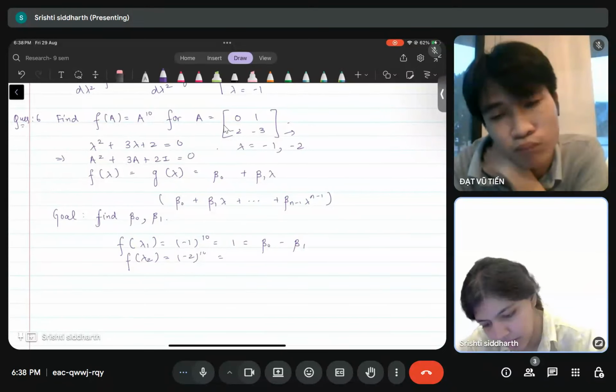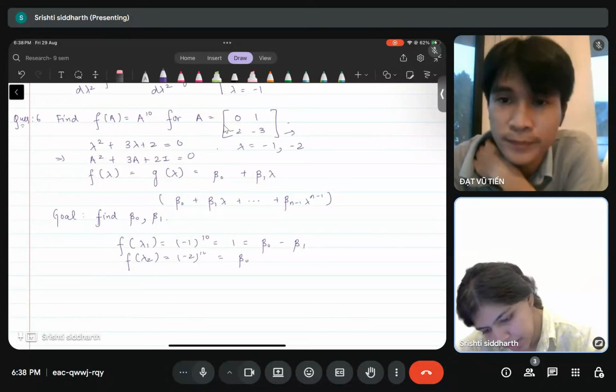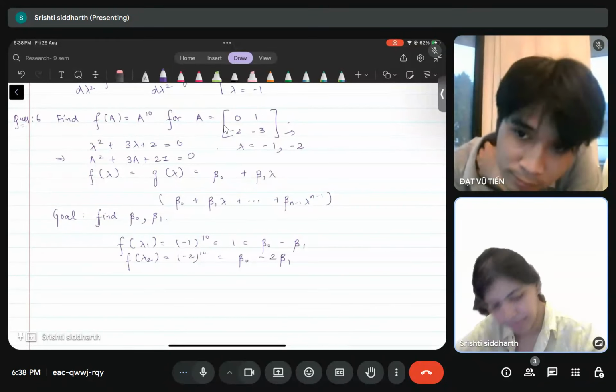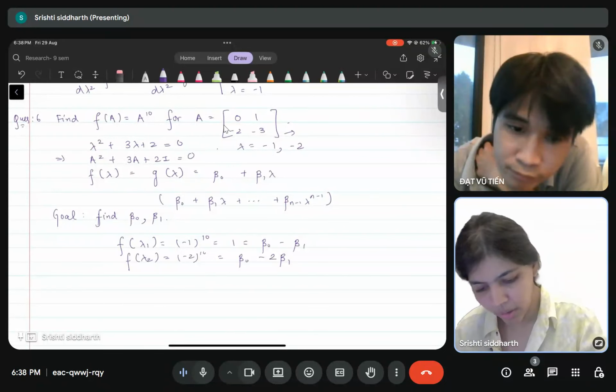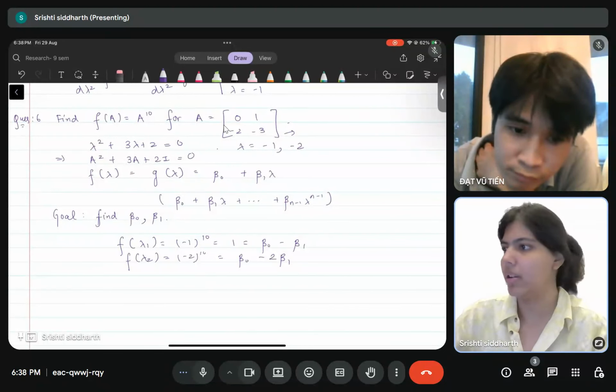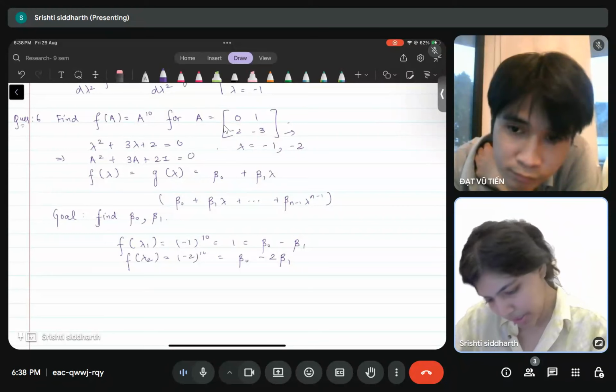So yes, this is beta 0 minus 2 beta 1. So you can solve this system of two equations to find out what are beta 0 and beta 1. So let's just do this quickly.